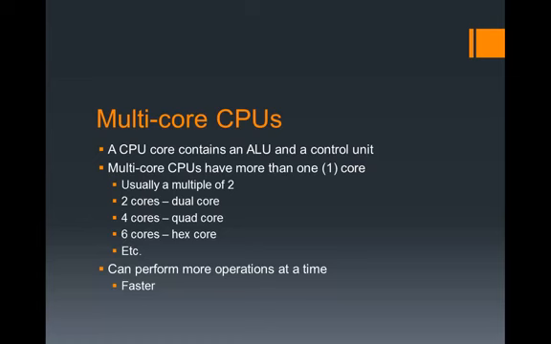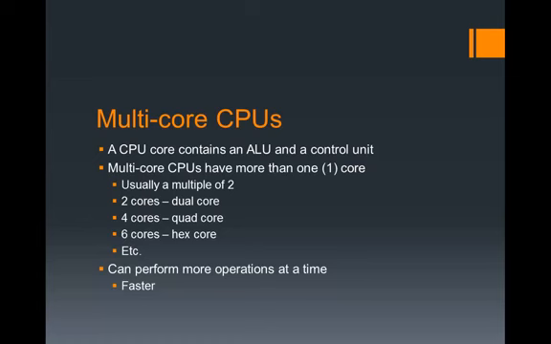It's not always true. Sometimes you can get odd numbers, something like 3 cores. Intel makes a couple of processors with 3 cores in them, I think. But each core has an ALU and a control unit, so the 2 processor cores can each do an instruction at a time.